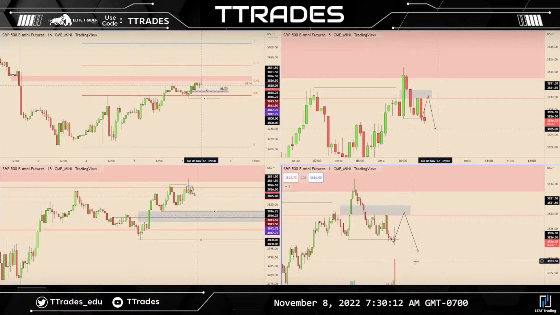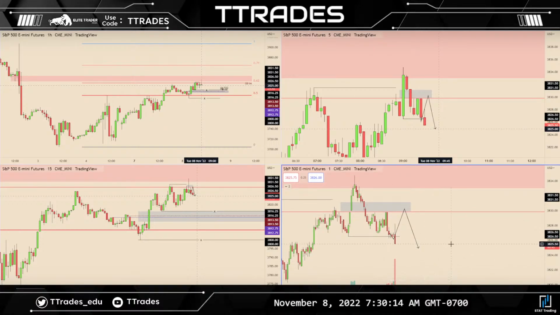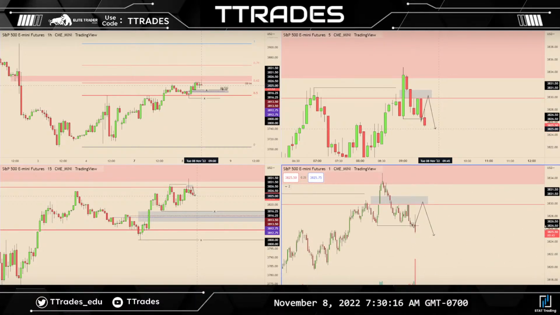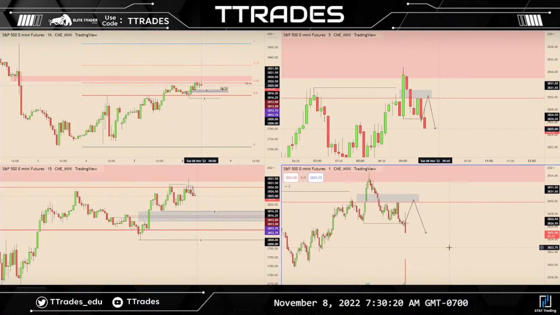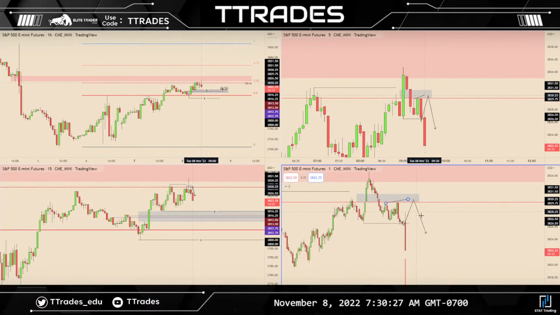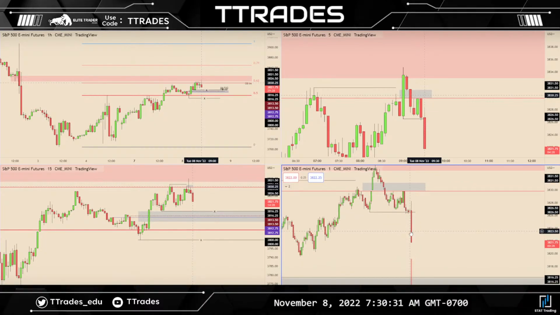So, just got our RTH open, right? Looks like we're gonna get a little move lower. Still kind of want this pop up, but may not get it. The thing that sucks is if this would have happened here, we could have just shorted that instead of this.